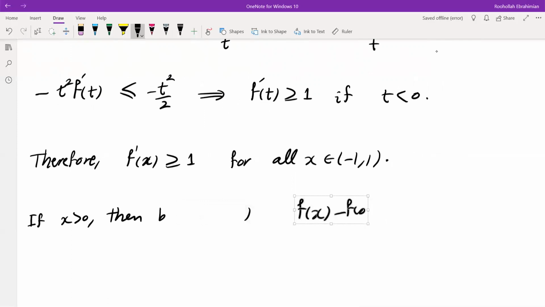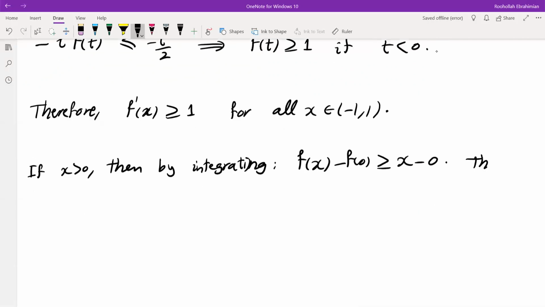So by integrating, we get f of x minus f of 0 is greater than or equal to x minus 0. Thus, x f of x is greater than or equal to f of 0 times x plus x squared.